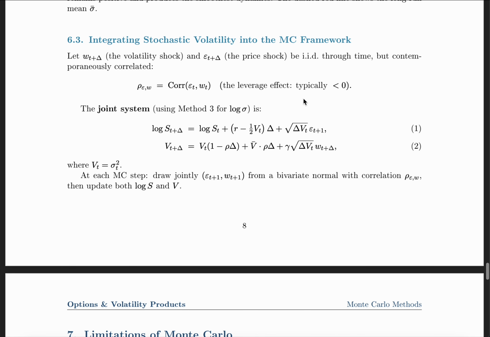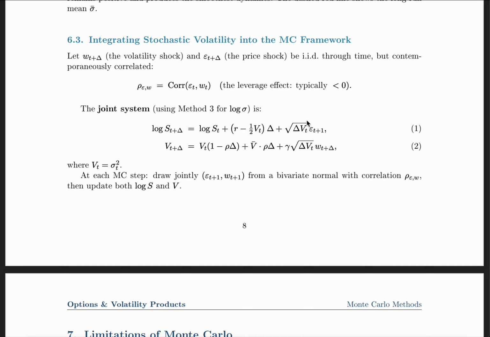As you can see, comparing the log return equation with the volatility equation side by side, we can see that the commonality they have is they both have this standard deviation term multiplied with a random draw component. Here with the log returns, the random draw is symbolized by epsilon, and here with the volatility, the random draw is symbolized by omega. But regardless, at each point in the Monte Carlo simulation, imagine you're on a path and you're zooming in on one specific time period.